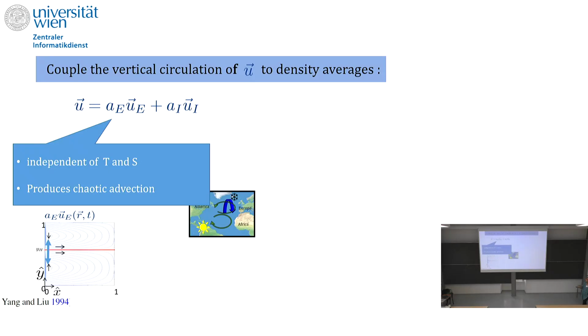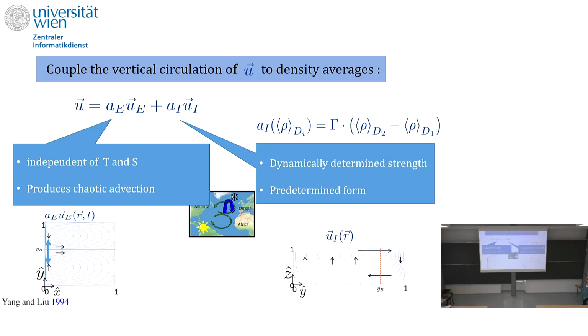in the ocean. And then we added to it another part, which again has one gyre, but now in the YZ direction. This one gyre's amplitude is coupled to the dynamics via the difference of the average of the density in one box minus the average of the density in the other.